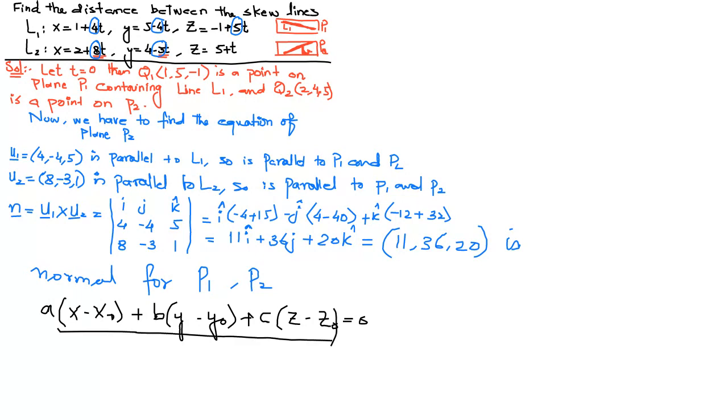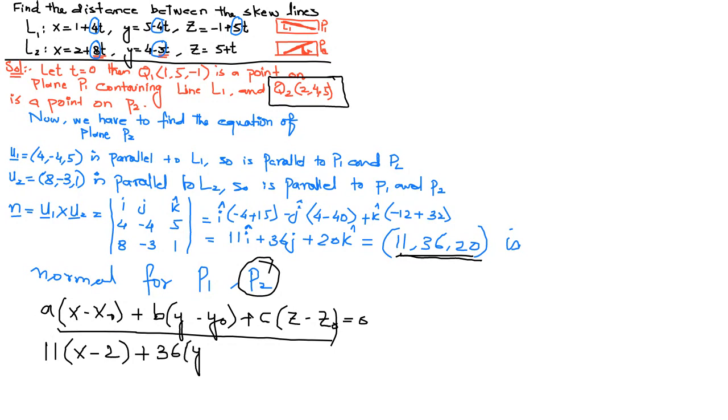Now if I choose plane 2, I need this point and this normal vector. a is 11, x minus 2, plus b is 36, y minus 4, plus c is 20, z minus 5, equal to 0.